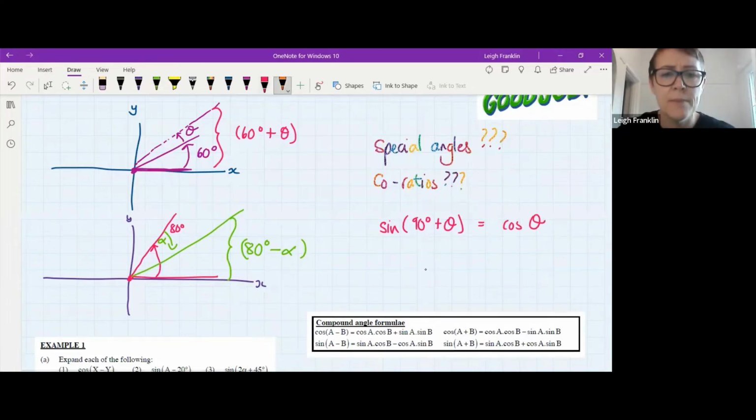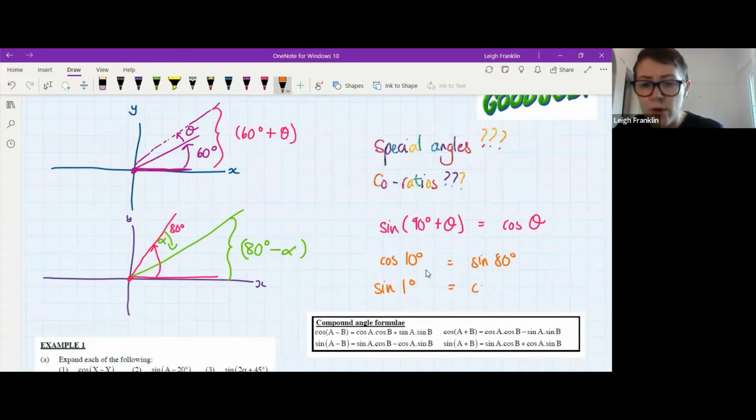And if you've got the cos of 10 degrees, you know straight away that that is the sine of 80. Or if you've got the sine of, I don't know, 1 degree, I'm being silly now, you know straight away that that is the cos of 89. This is very, very important, being able to do these as well.